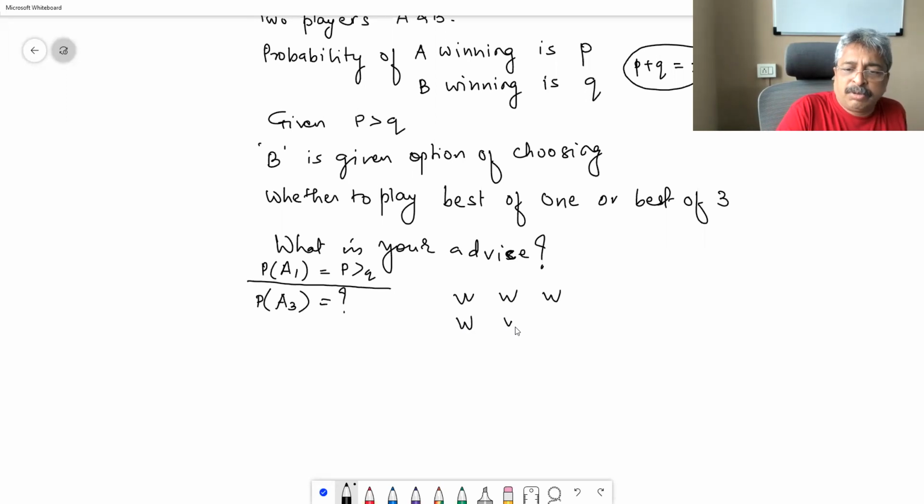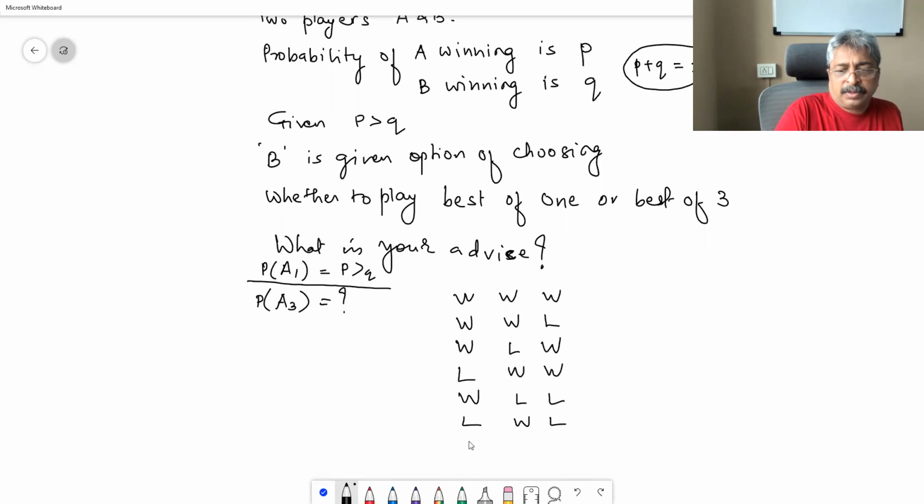So W, W, L; W, L, W; then L, W, W. This is two W's and one L is over. Now W, L, L; L, W, L; L, L, W; and last is L, L, L. These are the eight possible ways: first match, second match, and third match.